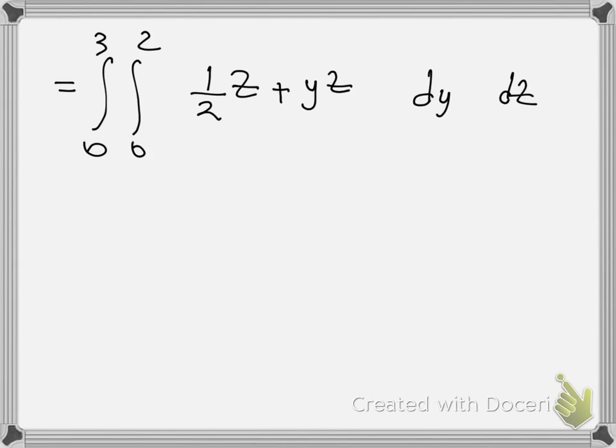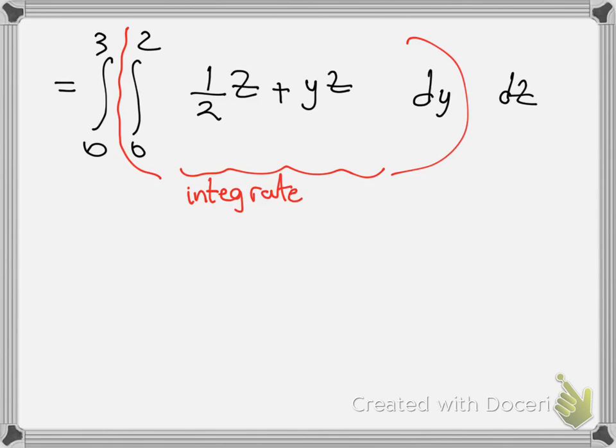So next we're going to integrate with respect to y. You consider z as a constant. Of course, we are done with x, so there is no more x. Now it's just y and z. So we integrate with respect to y, assuming z is a constant.